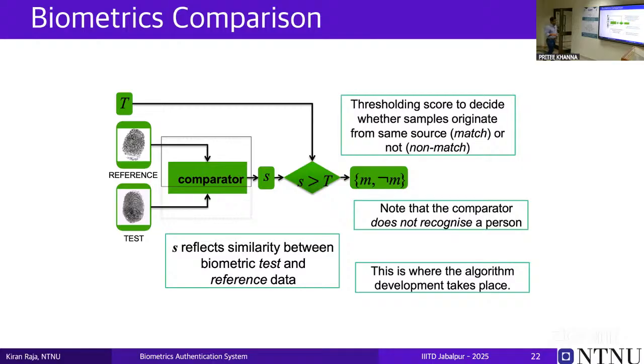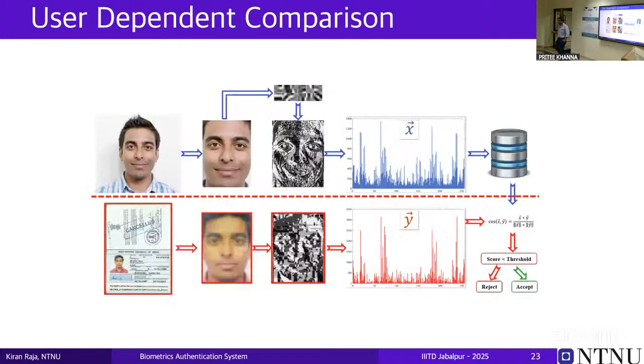But the idea here is that the score S can be something that is similarity, like cosine similarity, how similar these two vectors are, or it could be dissimilarity, how far apart the two vectors are. And now if you put it back into the face recognition system, it's exactly the same pipeline. The only difference that can happen in your authentication is that you might not always be getting this kind of high quality data, right?